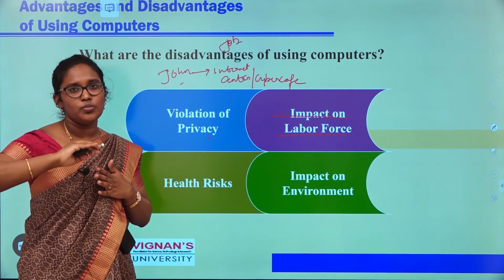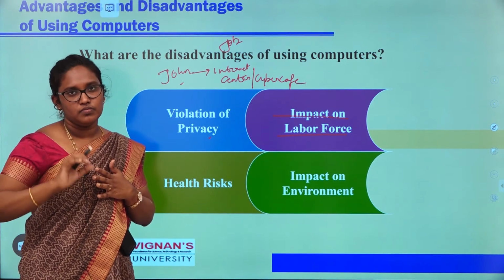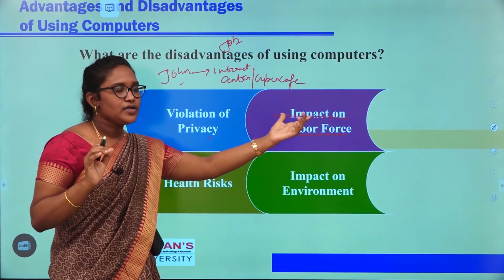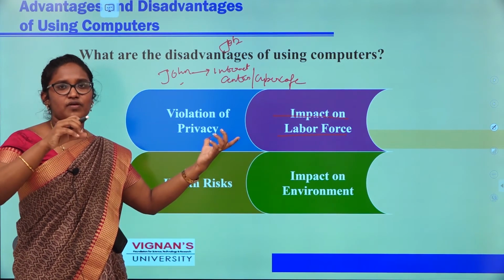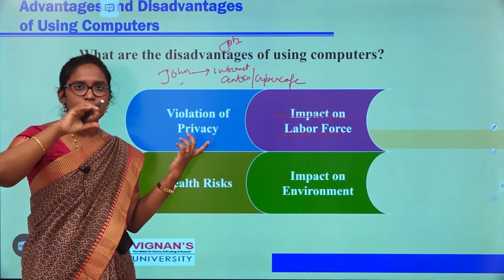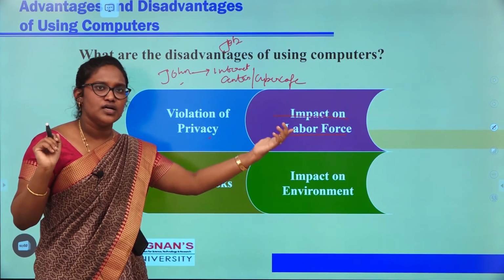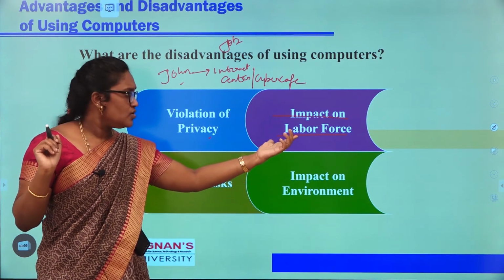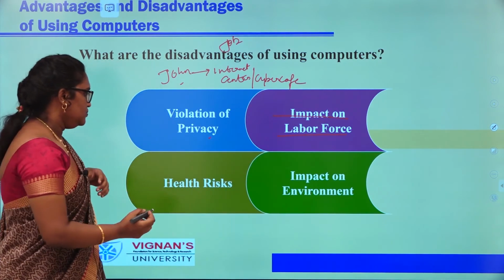We need so many people to work on that particular task. So impact on labor force means we are sharing the same information with multiple people or multiple computers. Obviously we need to invest in the computers, right? So that is the meaning of impact on labor force.